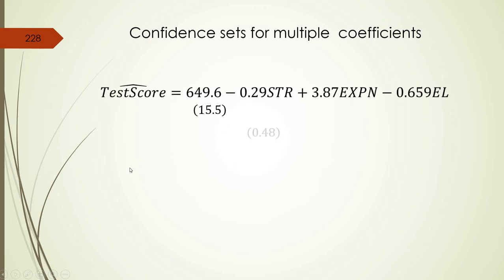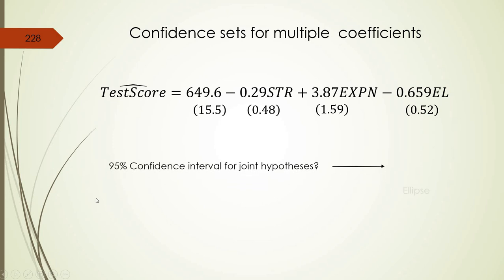So this is our model, and we want to develop a confidence interval for joint hypotheses. We cannot have only two limits for one beta coefficient, because we have now two or even more coefficients.